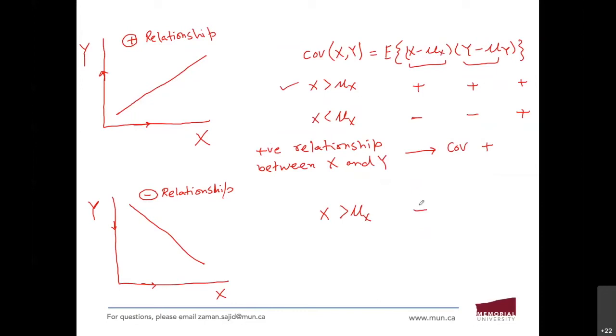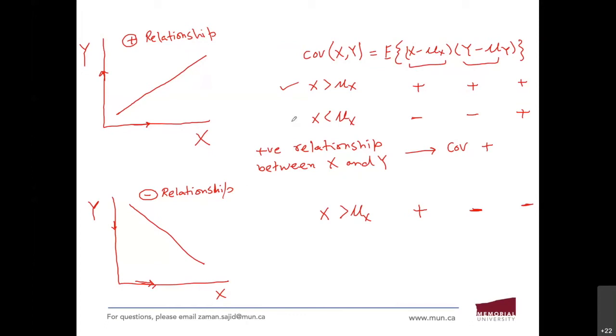However, in this case, the y is not increasing with x, it is decreasing. So because with the increase of x, the y is decreasing, this will be a lower value than mu of y. So that's where I get a negative number in this second term. And when I multiply positive with a negative, the outcome will be a negative number.